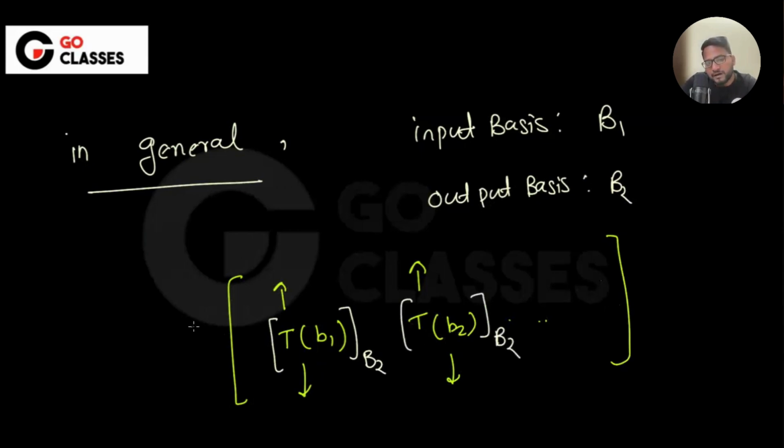So this is the matrix that is doing multiple things. What are the things? Taking the vector in B1, transforming it, and giving the output vector in B2.